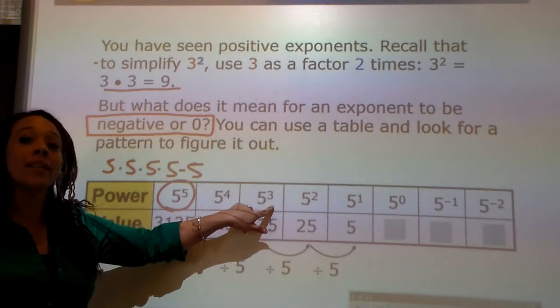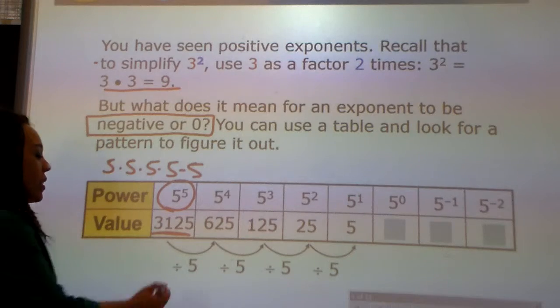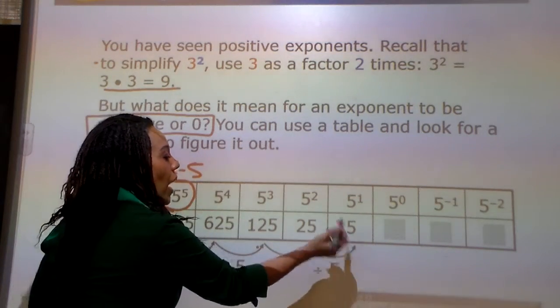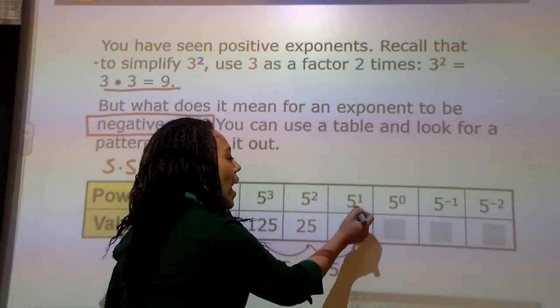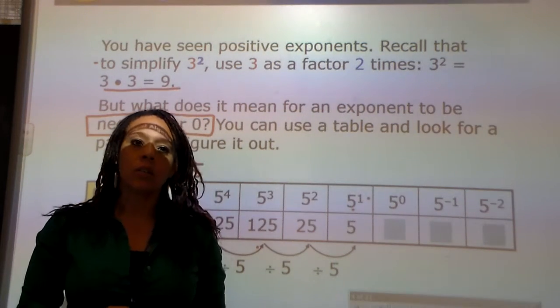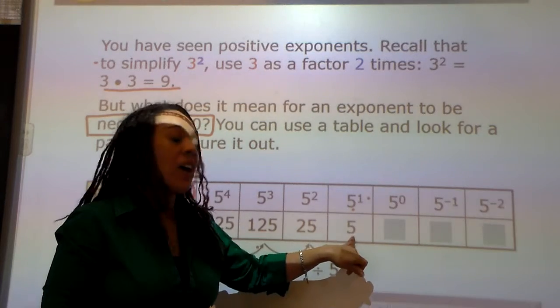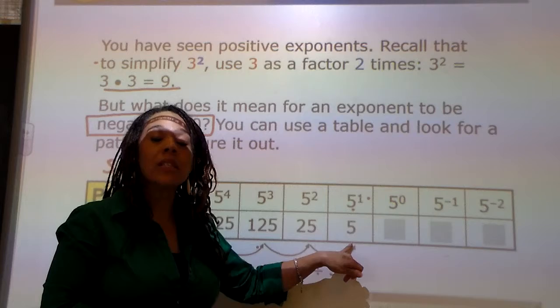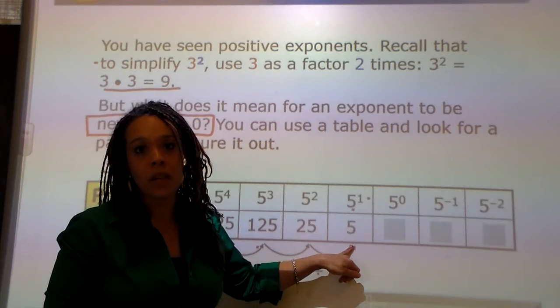To the 3rd power, it went down a power. It gets divided by 5 each time. However, when we get to 5 to the 1st power, or just 5 one time, it is 5. Anything to the 1 power is itself, just like anything multiplied by 1 is itself.